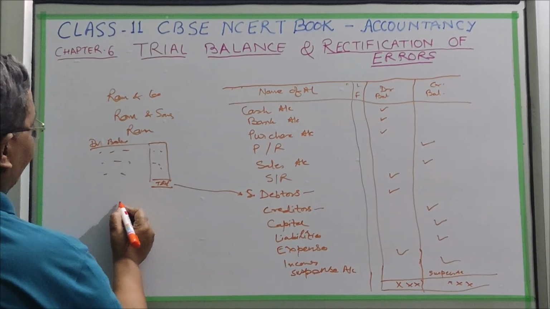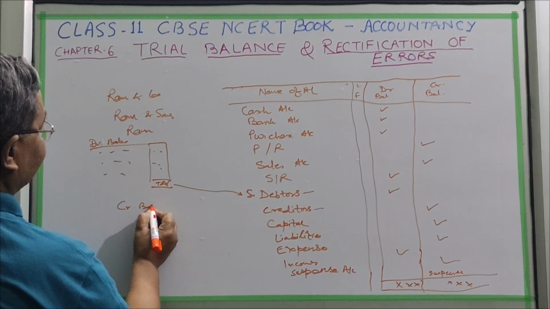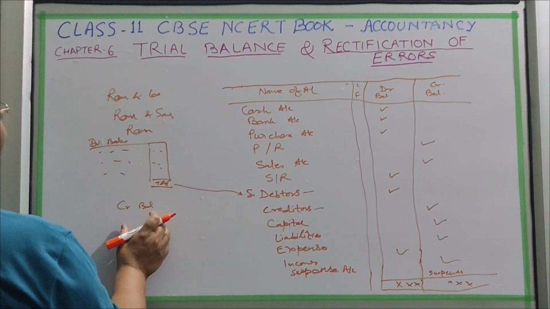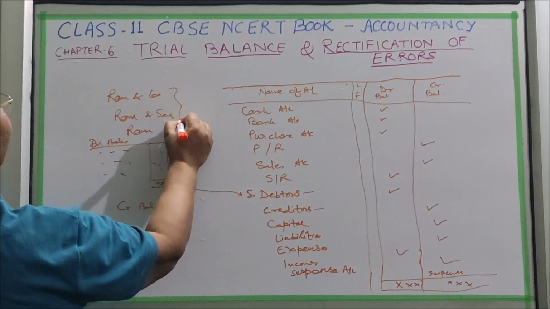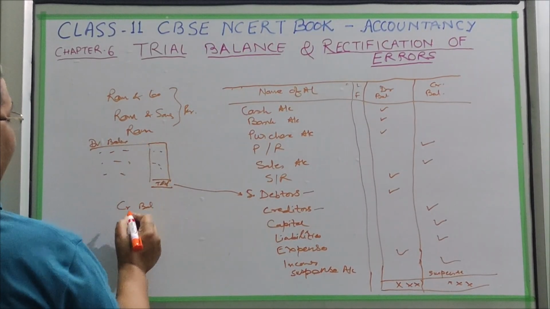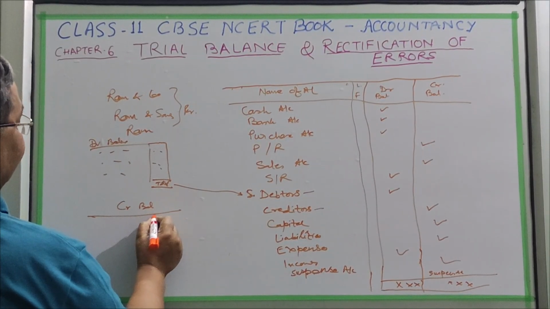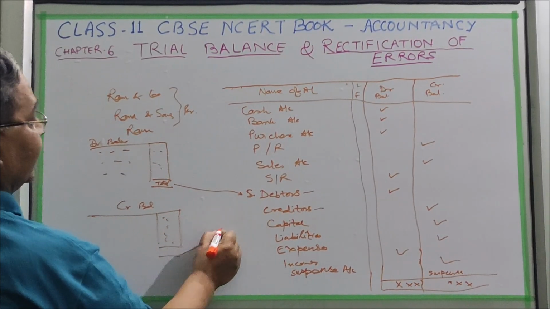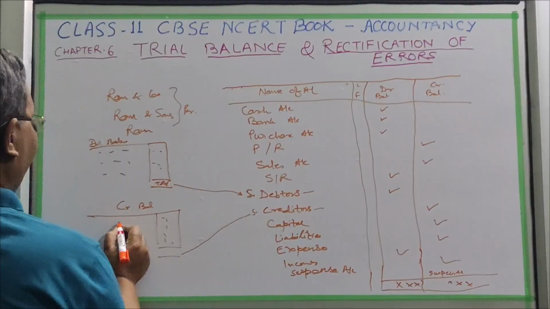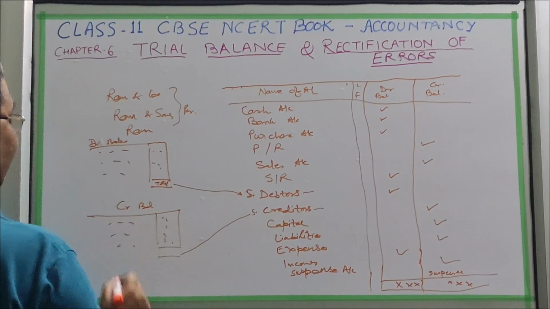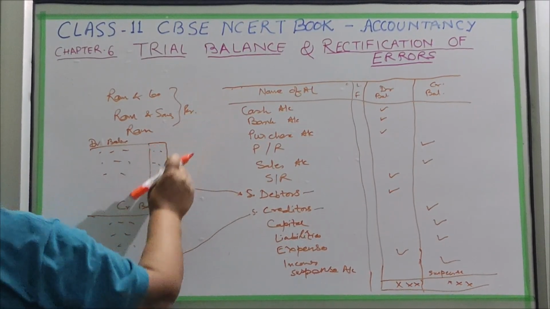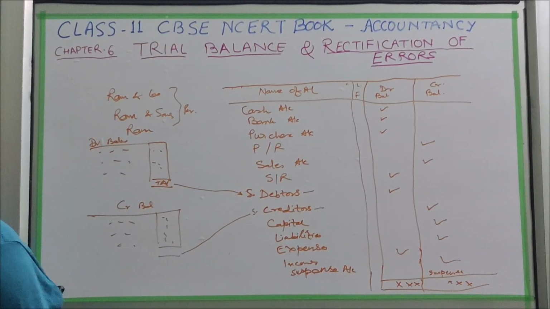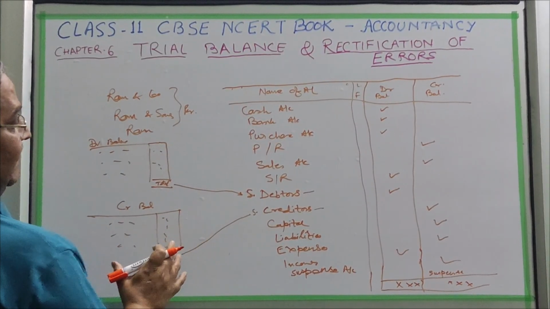Likewise, all accounts having credit balances of personal nature come here, and this makes your sundry creditors. Okay, so personal accounts make a very big list, so many numbers are there.